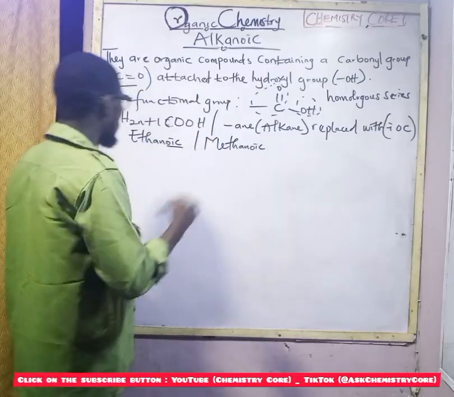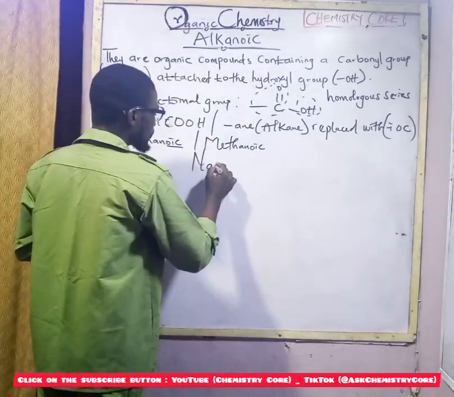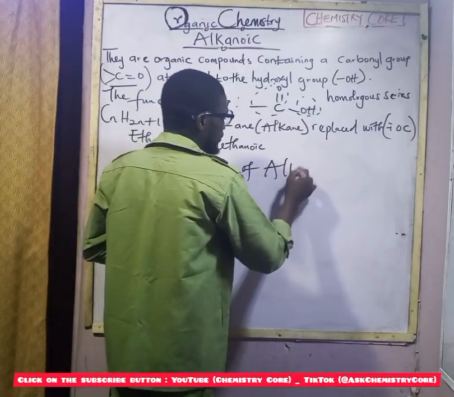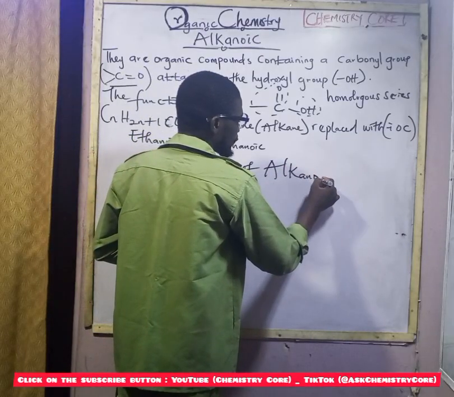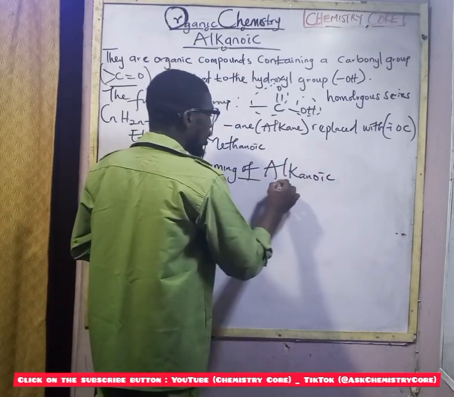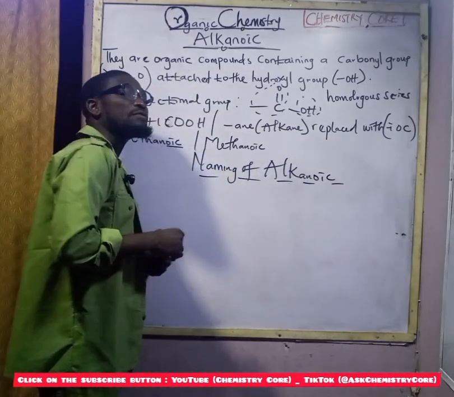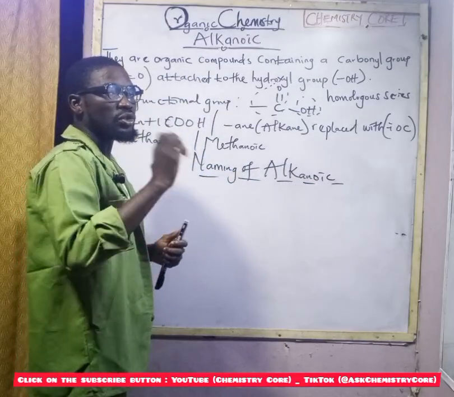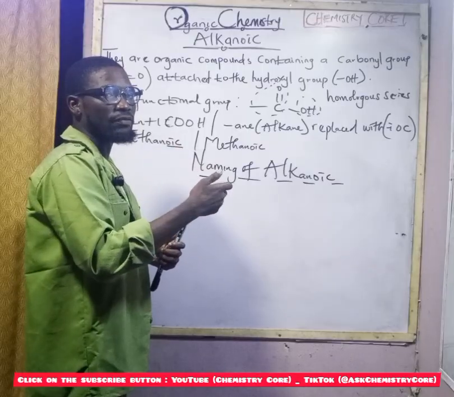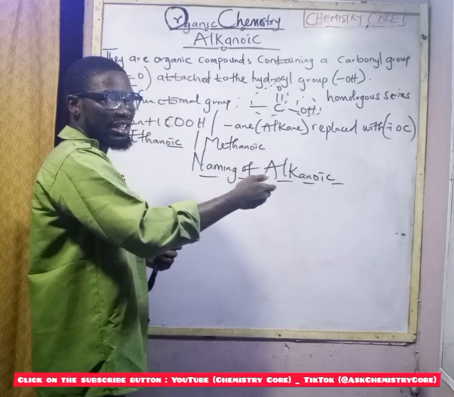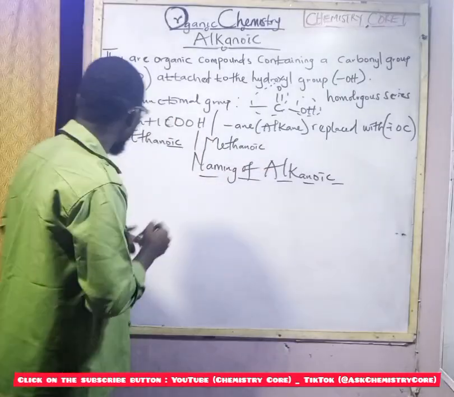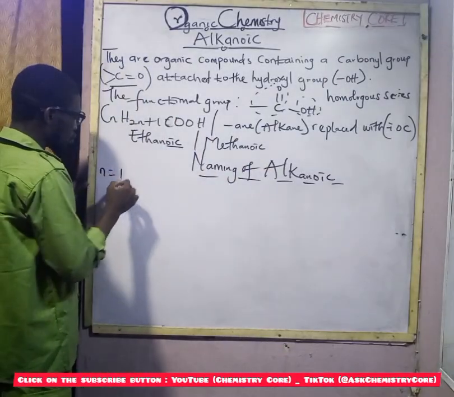That will take us to what we call naming of alkanoic acids. And if you are to name this alkanoic or carboxylic acid, you need to obey the general molecular formula, which states CnH2n+1, then the functional group. So let's take a look at when n is equal to 1.